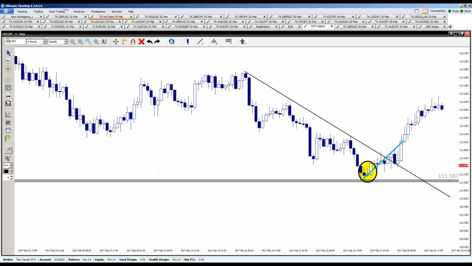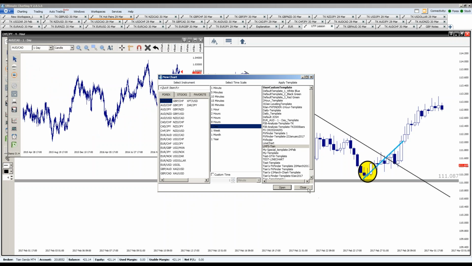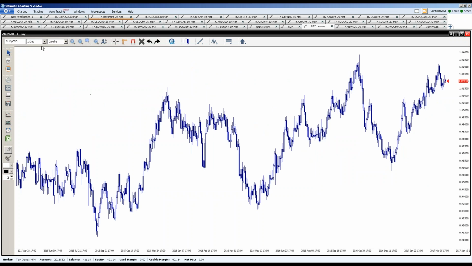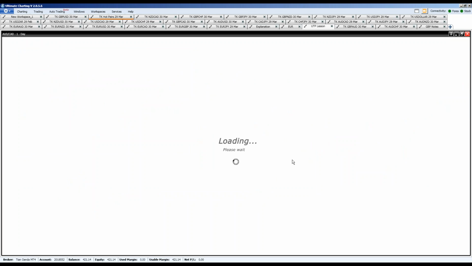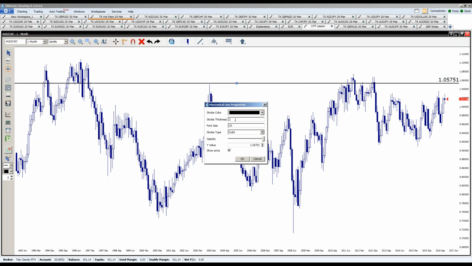To give you another example on that, the Aussie Canadian. Let's open up a monthly chart. There we go. That would be the range.